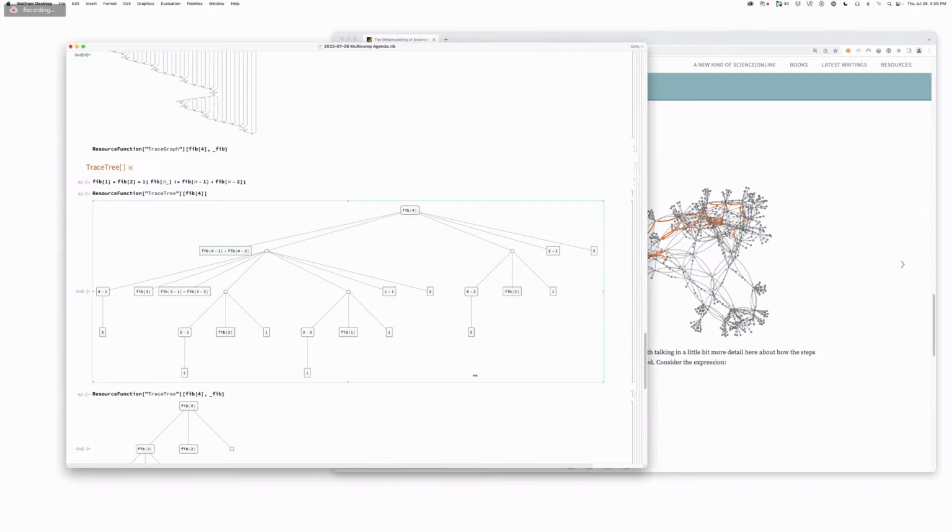Is this some kind of unrolling of the graph above where things are not shared again, or what? Right. So this is essentially a depth first traversal of the graph above. Is that true? I'm not sure. I mean, this is showing essentially the recursion tree for it.